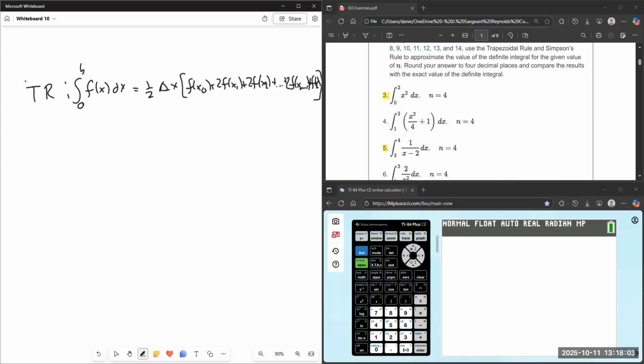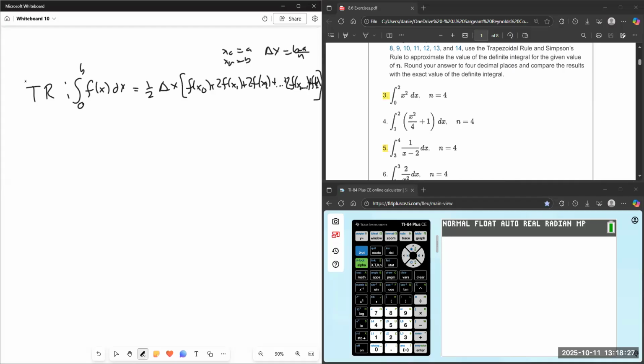And I know I kind of cramped that in there, but there's ones on the outside for our x0 is equal to a, and our xn is equal to b, and everything in the middle here is going to have a multiplier of 2. Our delta x, which is our distance between these x values, is equal to b minus a over n, and we're going to multiply on the outside by half of that delta x.